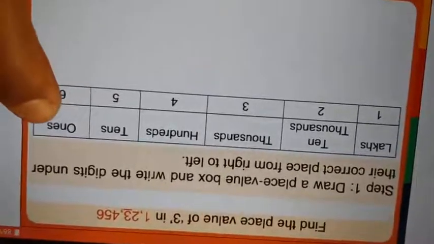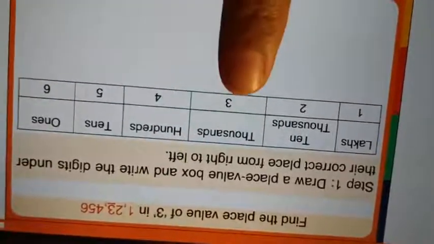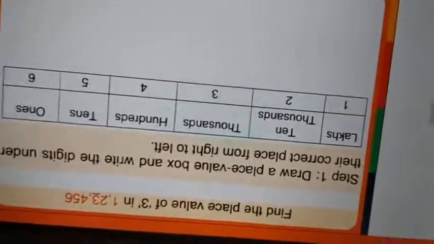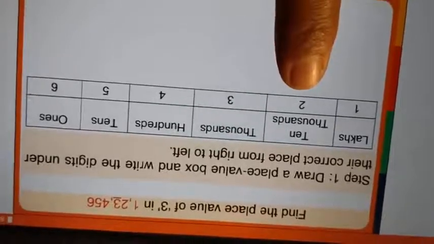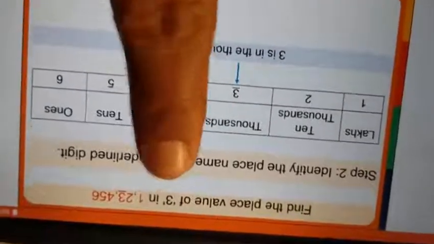So for example, ones, tens, 100, 1,000, 10,000, lakhs. So we have to write first 1 in lakhs, then 23,456. Then we have to find the place value of 3.